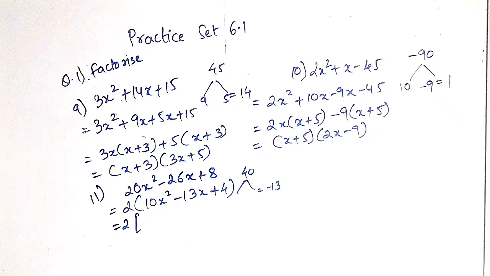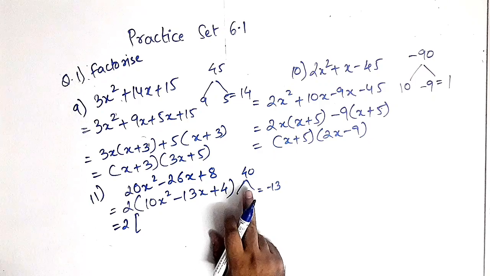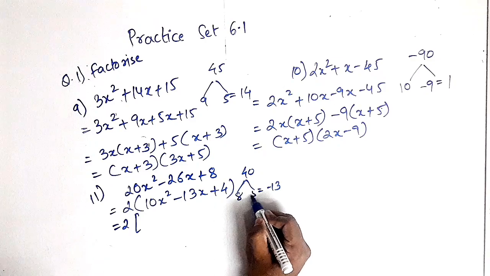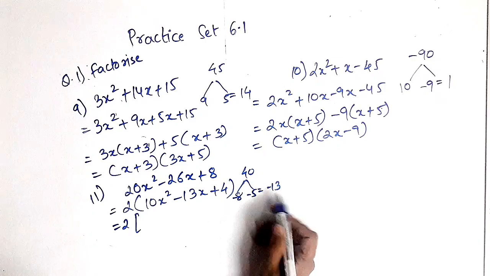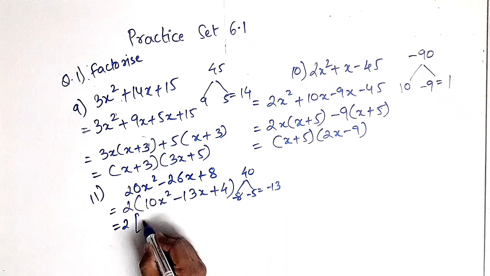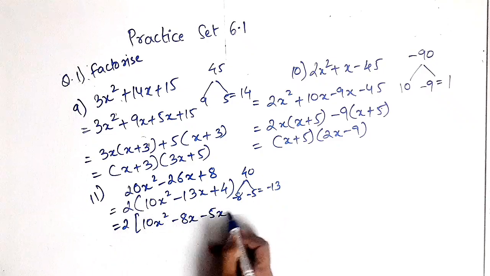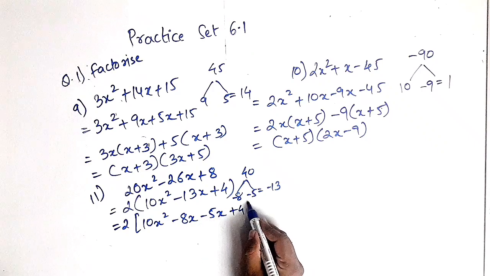Then any other factors? 40 does not come in many tables, so it comes in the table of 8. Yes, 8 fives will give me 8 and 5. How will I get minus 13? Minus 8 minus 5. So 10x square minus 8x minus 5x plus 4.